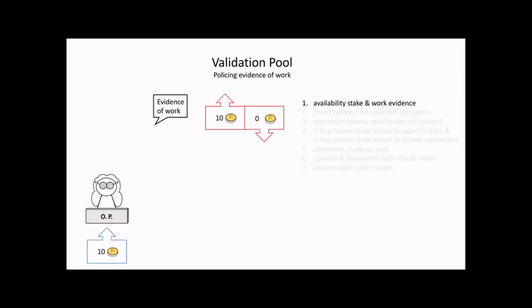When they do their evidence of work, their availability stakes go in as basically a bet, but it's basically a vote. They're going to say 10 reputation tokens, their availability stakes are voted up. I'm saying that the post that I did for my evidence of work, I'm voting that it's going to win, that it's a good post. And so that's automatically sent in as positive.